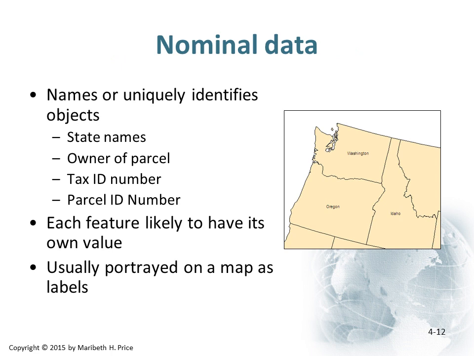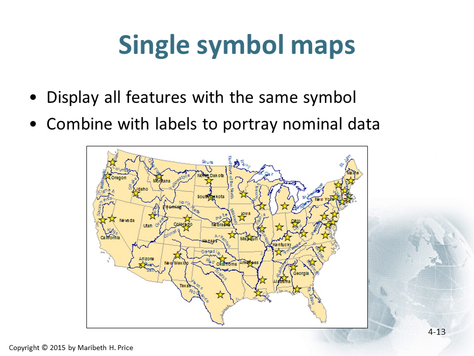Nominal data is basically names or unique identifiers. This is like objects such as parcels or tax IDs or something like that, states, counties, those sorts of things, where each individual feature has its own value and there's no duplication. And a lot of times this data is displayed simply as labels. And there's single symbols.